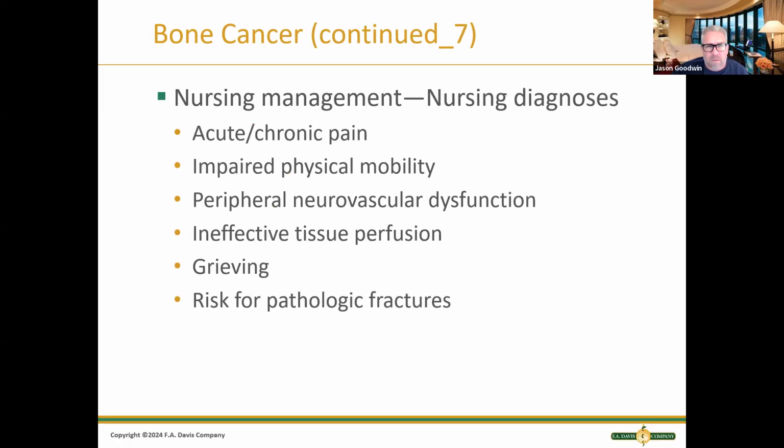The diagnosis you would see around this: acute chronic pain associated with the destruction of bone, impaired physical mobility associated with pain and inflammation, peripheral neurovascular dysfunction associated with the impaired perfusion, grieving associated with impaired body image, and risk for pathologic fractures associated with the destruction of bony matrix. And that impaired body image might even be because they lost a limb, right? Or something along those lines.